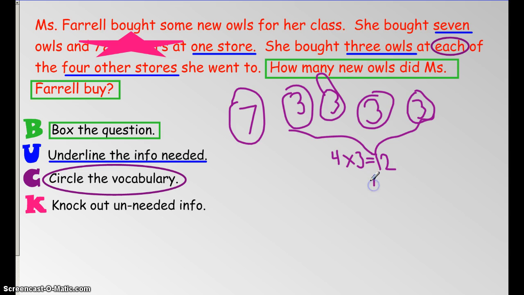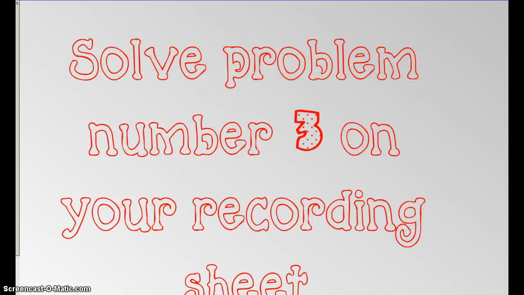So I'm going to add 7 to my information and figure out how many new owls did Miss Farrell just buy? 19 new owls. How many new owls did she buy? 19. Good job. Okay, boys and girls, I want you to hit pause and go solve problem number 3 on your recording sheet. Again, it's very similar to the problem we just solved.